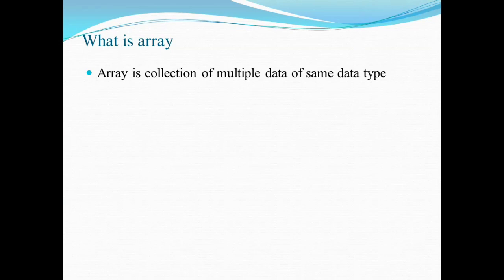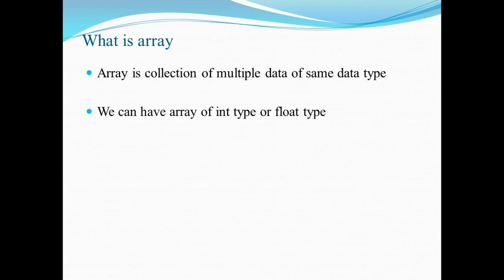So array is nothing but a collection of multiple data of the same data type. If you want to consider an example, then we can have an array of integer type data, or you can have an array of float type data.